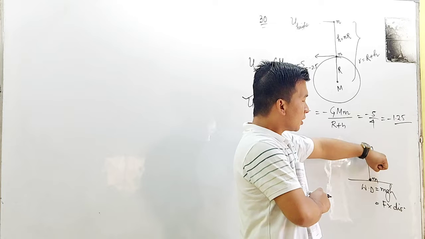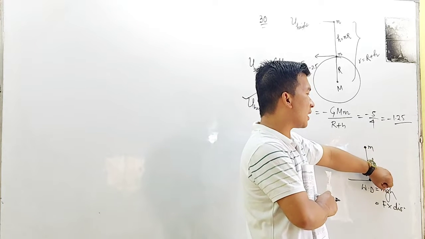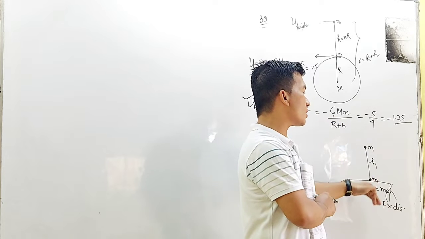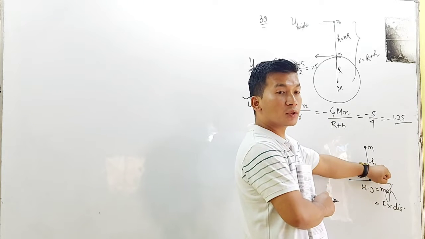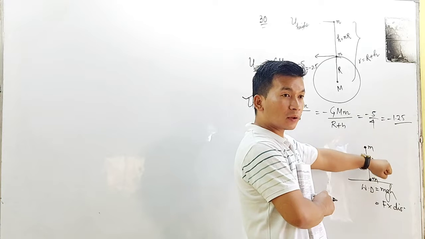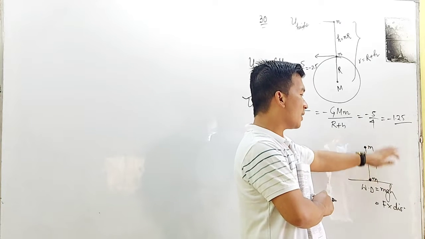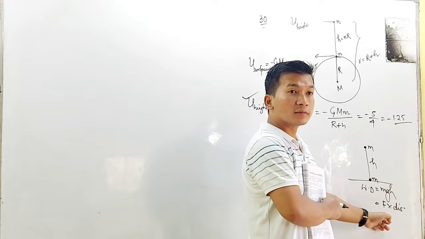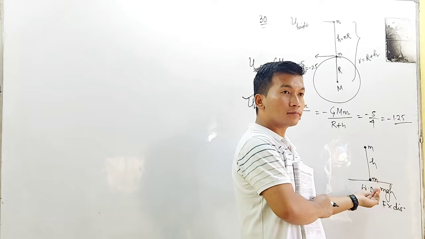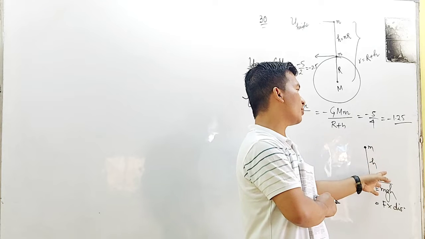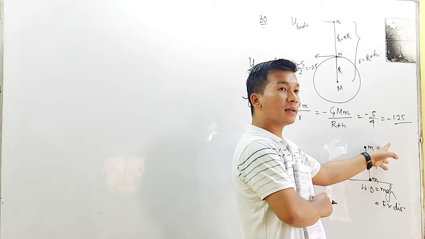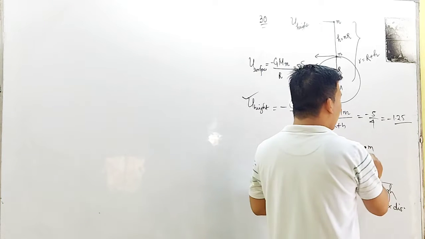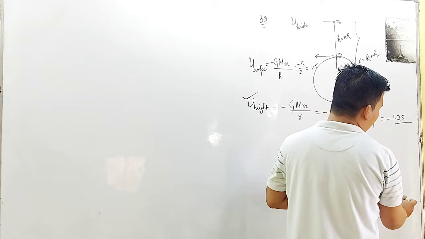But this is weight mg, and to pull it up we must apply a force equal to the weight in the opposite direction, and it is displaced by height h, so the work done will be equal to mgh. This is in the form of gravitational potential energy stored at this point. Bringing it up, the work done will be mgh.